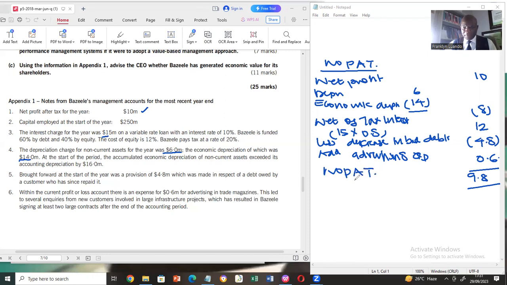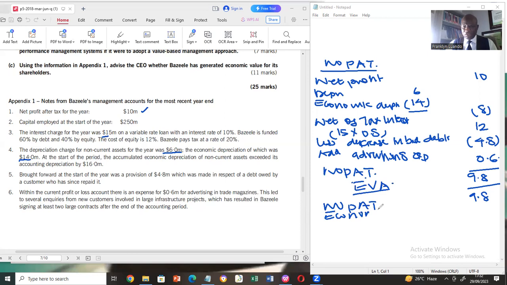So EVA is calculated as follows. First you have NOPAT, which is 9.8, then economic charge.